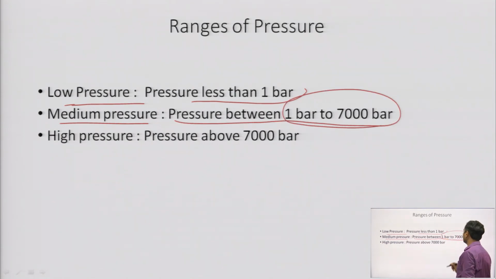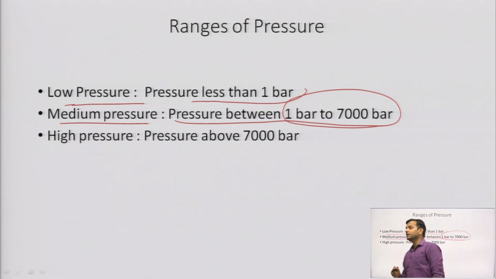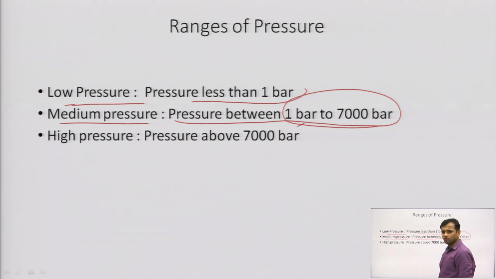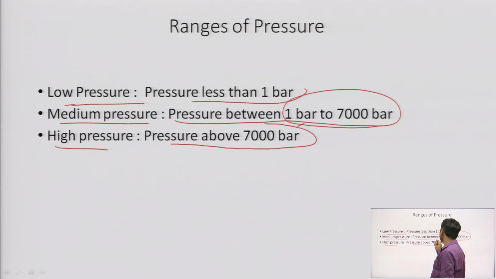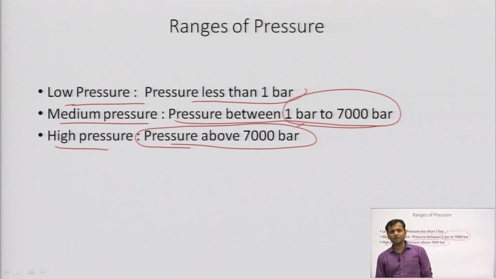And the pressure above 7000 bar is called high pressure. So, these are the different classifications of pressure in terms of their ranges: the range of low pressure, the range of medium pressure, and the range of high pressure.